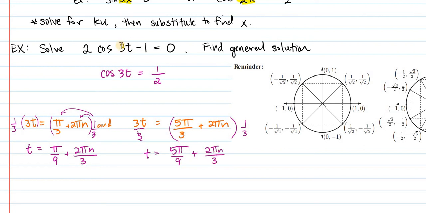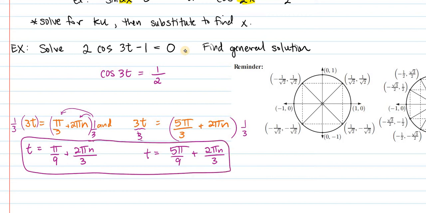Recall that when you have this multiple inside the function, it changes the period. So this 3 value that we had to divide everything by is changing the period. And that's why we're able to find these values. So both of these are the general solution.